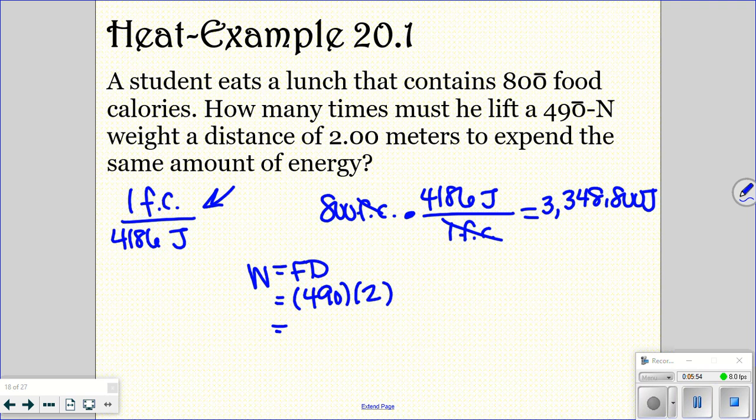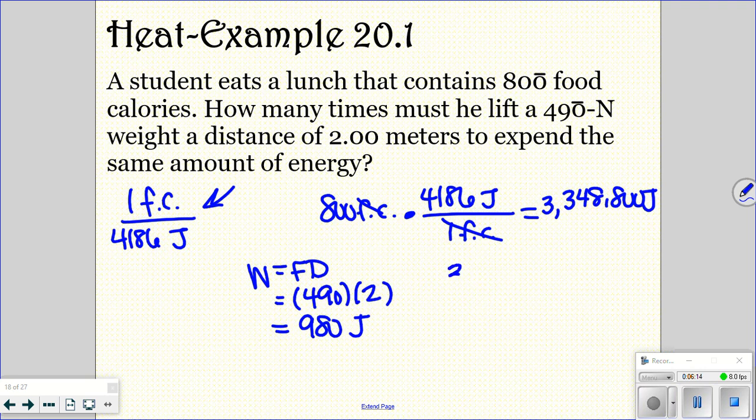So if you multiply those two together, you get 980. So that's the work he needs to do, and every time he lifts the weight, he uses 980 units of work, which is in joules.